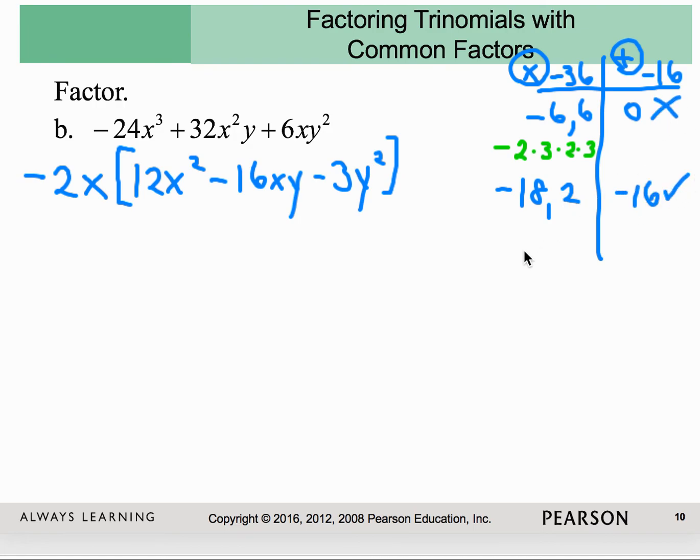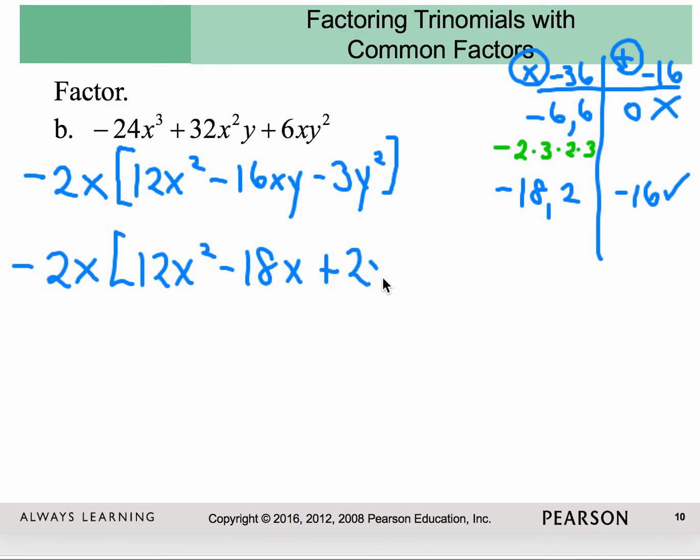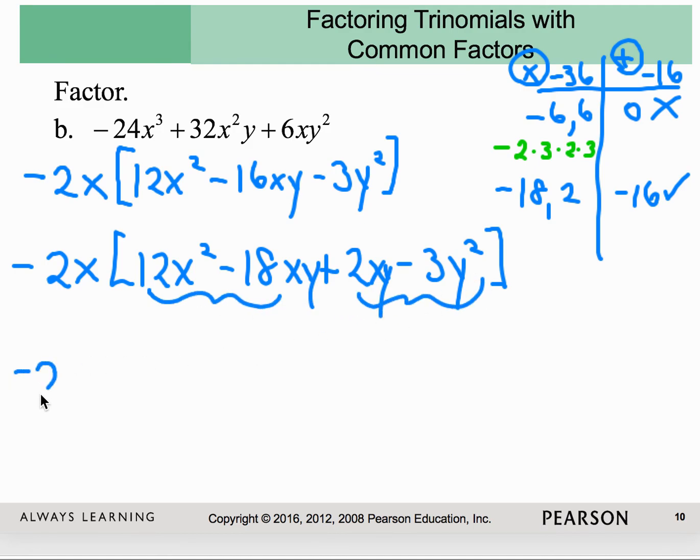Perfect. And then just rewrite your problem and we're good to go. 12x squared minus 18xy plus 2xy minus 3y squared. Oh, don't forget these are xy, xy. Don't forget that. And then factor by grouping. Out of these two terms, I can factor out a 6x.